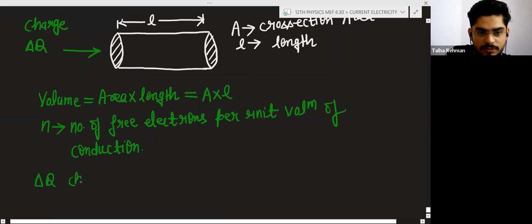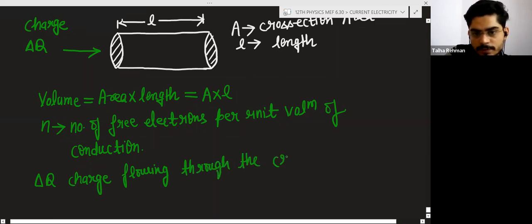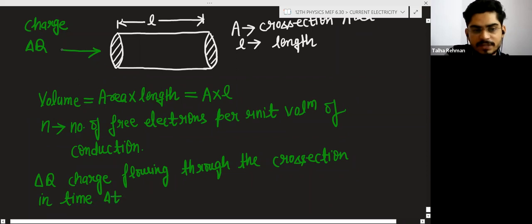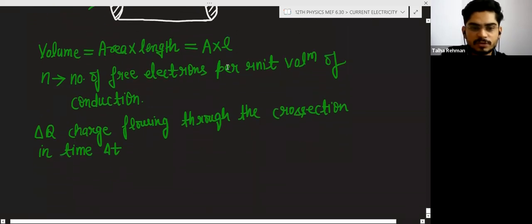Delta Q charge flowing through the cross section in time delta T. We have discussed this earlier also. So if I want to find the average current, then current will be delta Q by delta T.